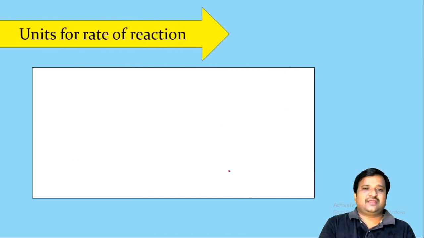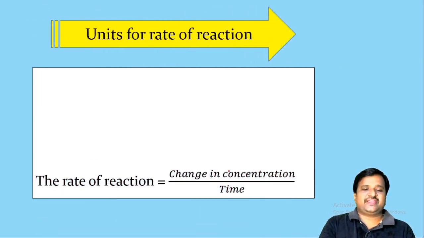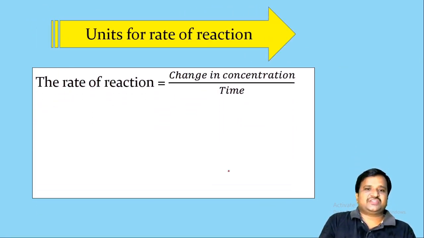Next, the units for the rate of reaction. By definition, the rate of reaction is the change in concentration, that is, the decrease in concentration of reactants or the increase in concentration of products, per unit time. So it is concentration times time inverse.